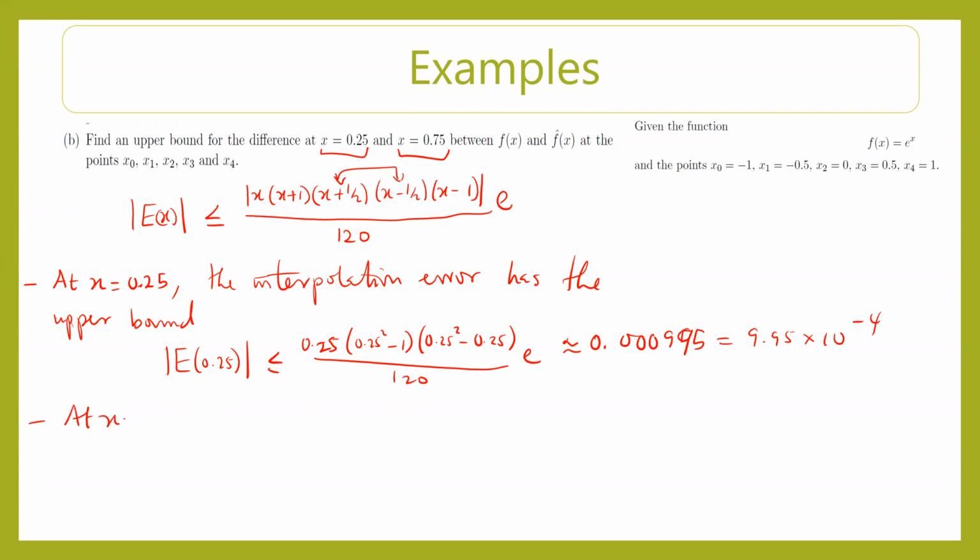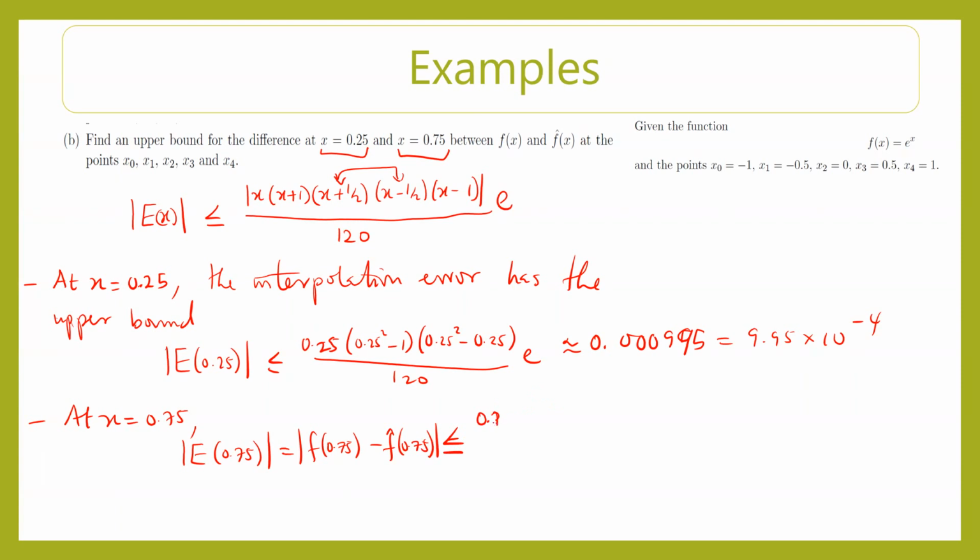Similarly, at x equals 0.75, we have the interpolation error will be e of 0.75. Of course, it's f of 0.75 minus f hat of 0.75, which is going to be less or equal to putting 0.75 instead for x.